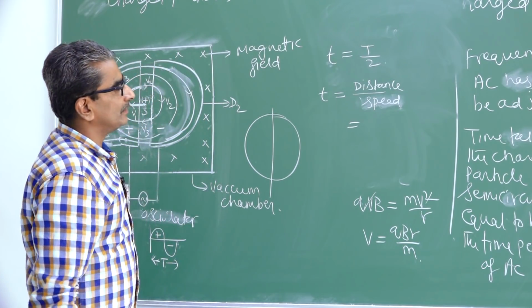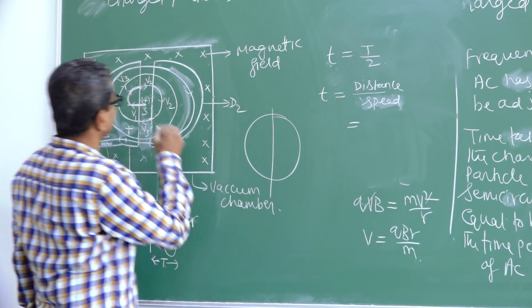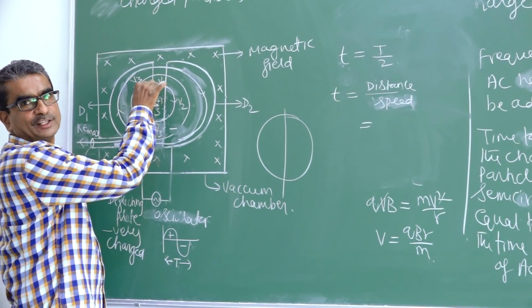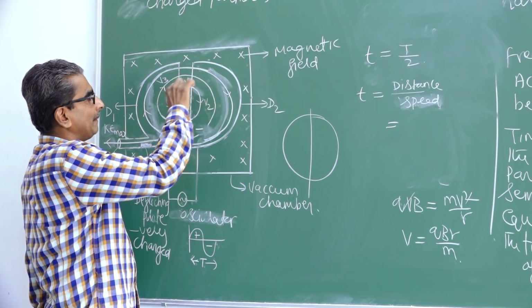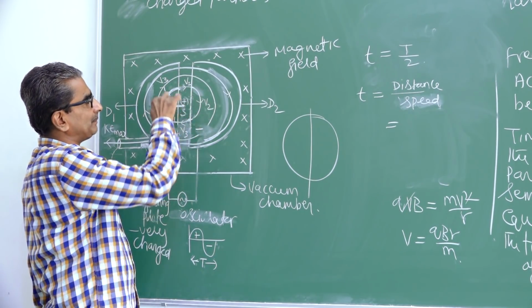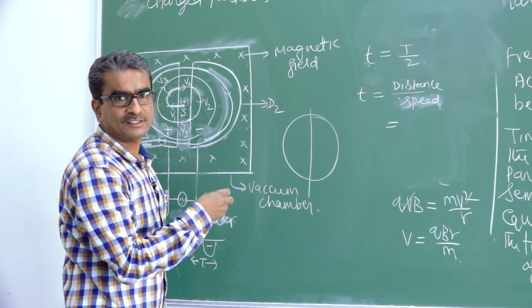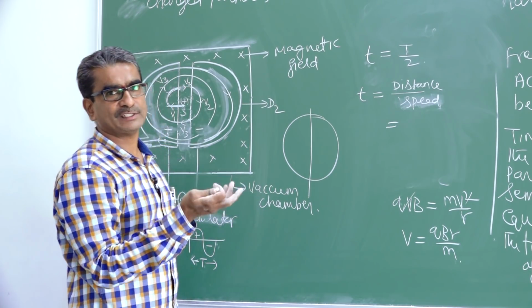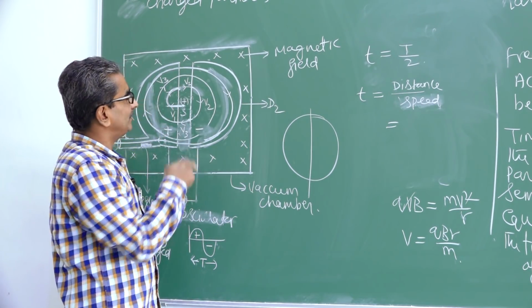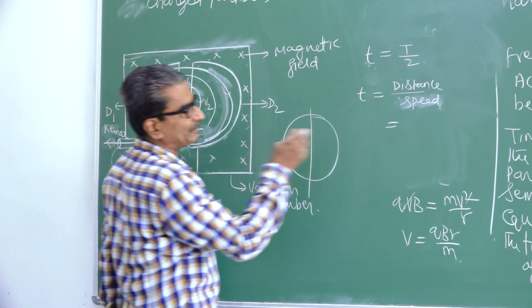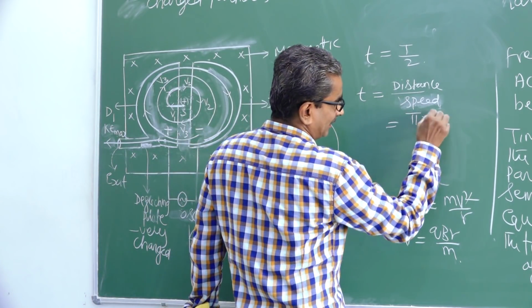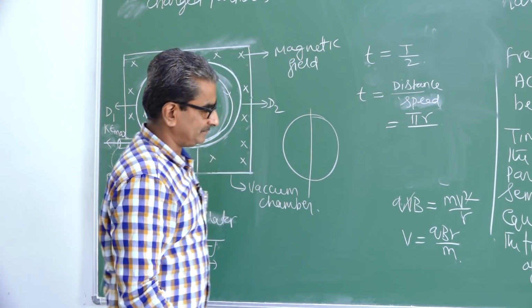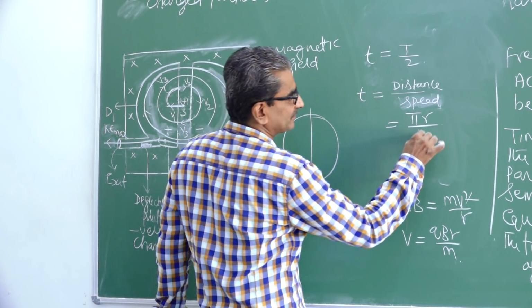What is distance? Distance means the semicircular path distance, which is nothing but pi r. Because for one complete circular path, the total length is 2 pi r, which is the circumference. But here it is only half, the semicircular path, therefore it's pi r. Speed, the equation is already there, v.